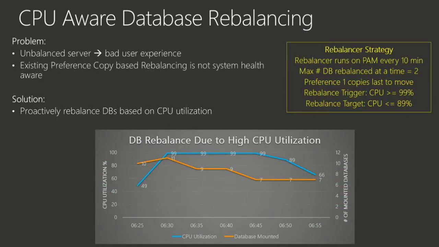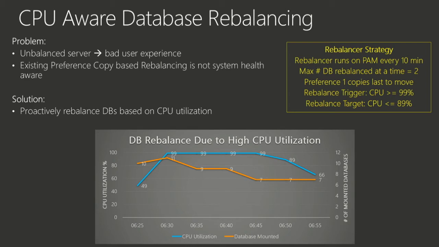Next thing I'm going to go through is database rebalancing. We can get into situations where a server gets a lot of active users on the same server at the same time. When that happens, all these users are competing for the same resources, and it is going to give you a bad experience.